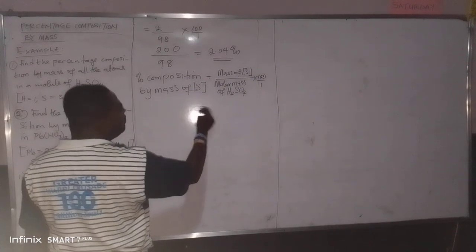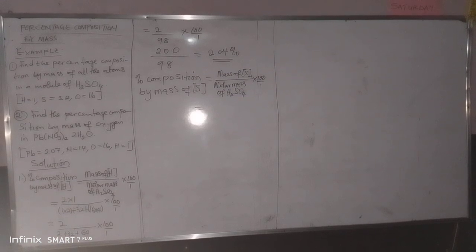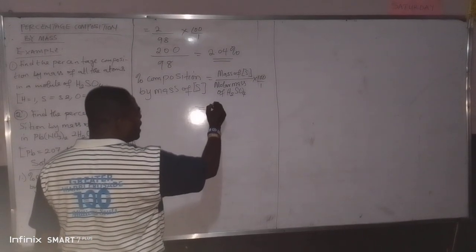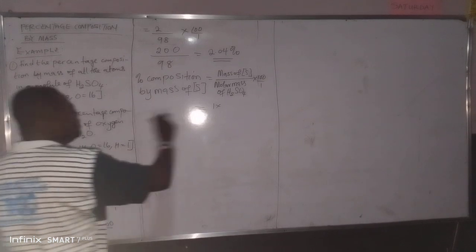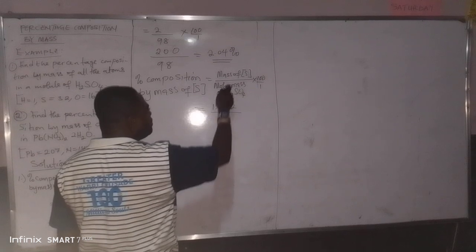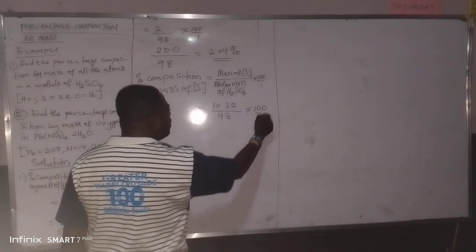Then, how many sulfur atoms do I have in H2SO4? In H2SO4 I have only 1 sulfur. So I have sulfur, that's 1 times, and the mass of 1 sulfur atom is 32. I put 32 here. I don't need to be finding the molar mass, but I've got it already to be 98, times 100 over 1.